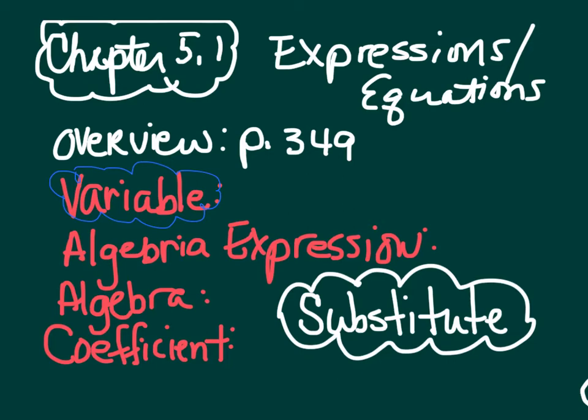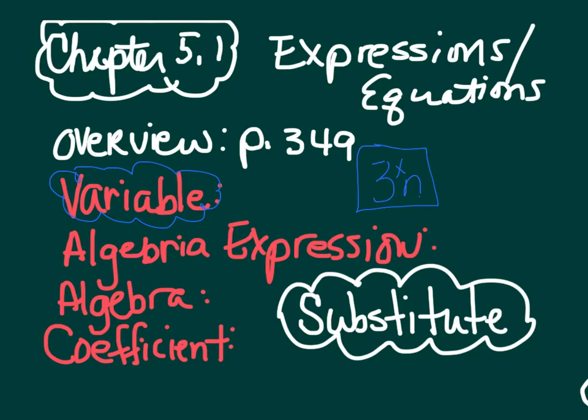Like if I go 3n, this is an algebraic expression because it has a variable in it, and the operation is 3 times n. So therefore, it has an operation of multiplication. So that's what an algebraic expression is. It has at least a variable in it and at least one operation.